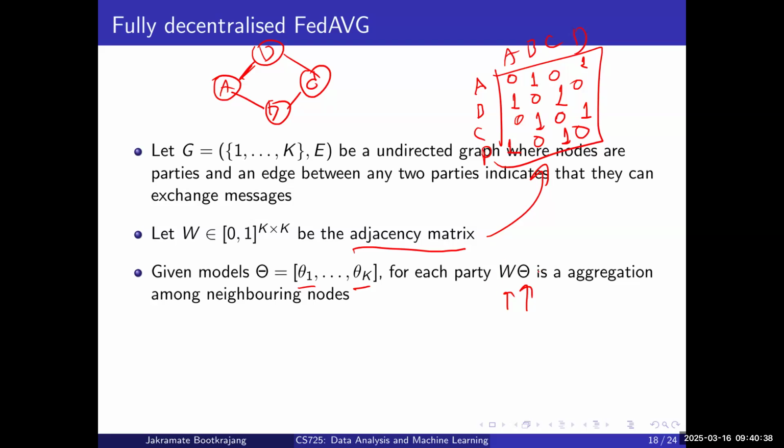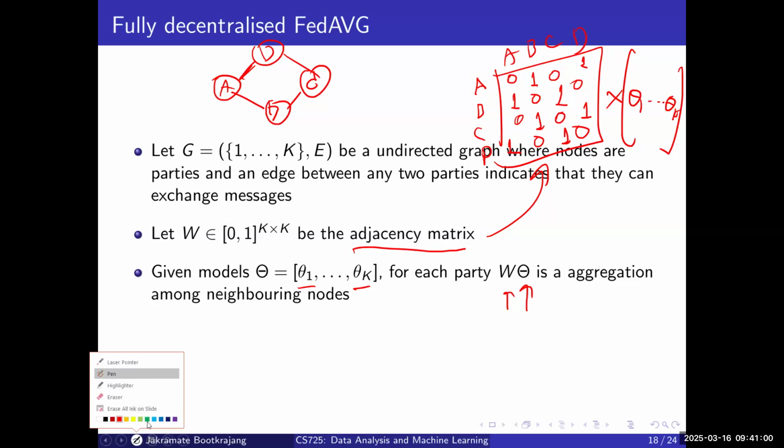So what it means by this is that basically you only look at your neighborhood, right? If you have your weights, like theta 1 to theta k over here, when you do the multiplication, you would do row multiplied by the column, right?